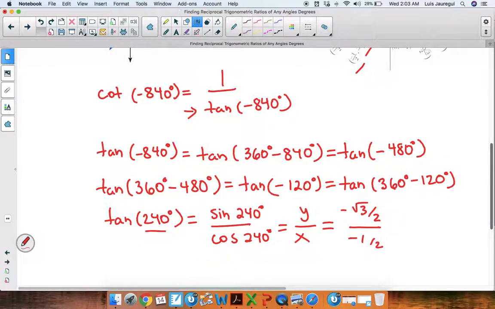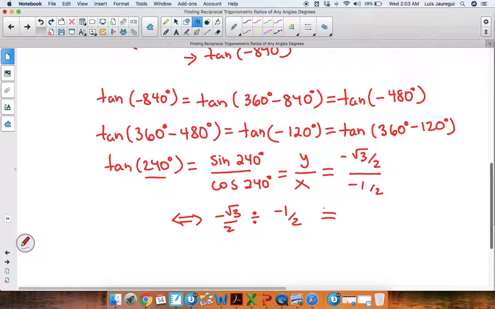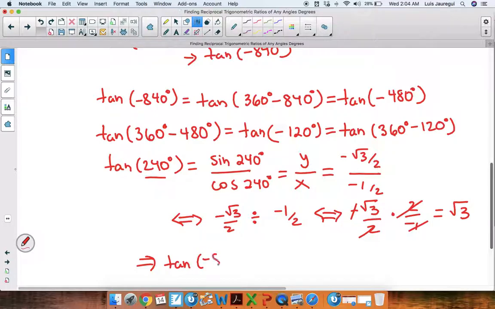Now this is equivalent to saying that we have negative root 3 over 2 divided by negative 1/2. Or in other words, we can change it into a product by rewriting this as negative root 3 over 2 times the reciprocal of this, which is 2 over negative 1. The negatives cancel, the 2's cancel, and you get that this is the square root of 3. However, that's not our ultimate goal. We just found out that tangent of negative 840 degrees is equal to the square root of 3.